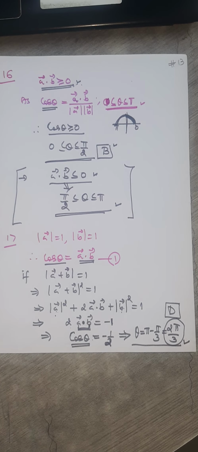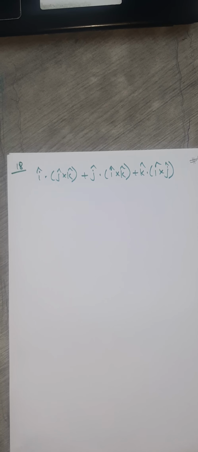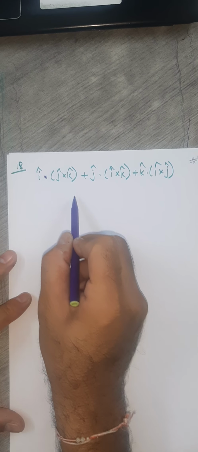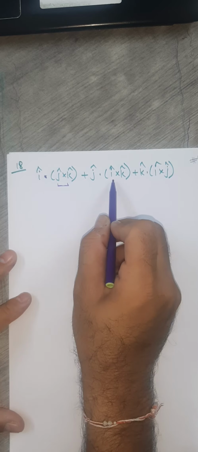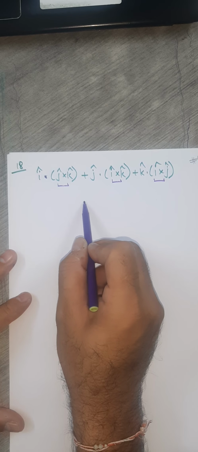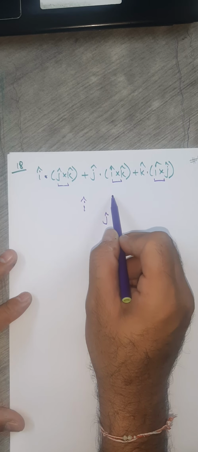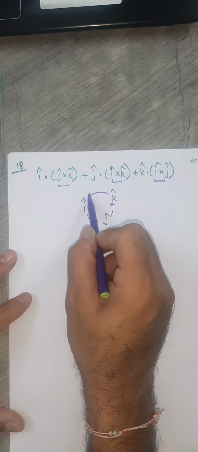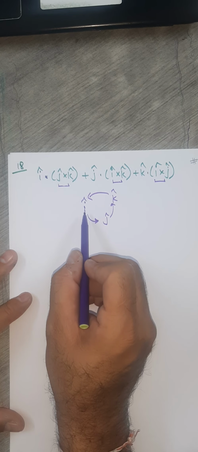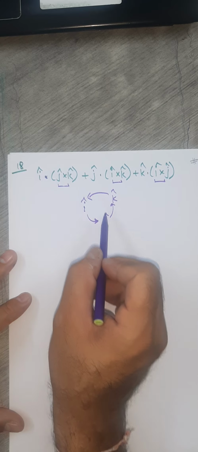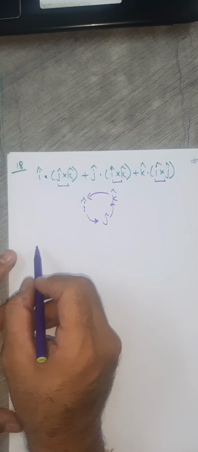Okay. So here we want the values of these three dot products. This one, if you remember, this and this you can answer very easily through that cyclic procedure. I, J, and let's write K. This, and this. You know here, what is this? I, J cross K. This cross K, so it is I cap.